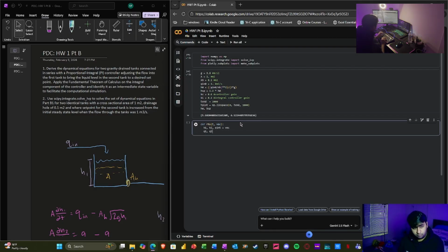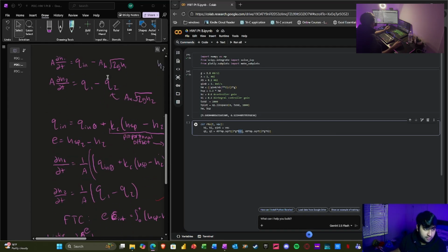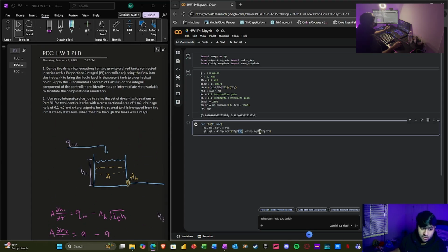And we have our Q1, Q2, which is our outlet flows, and we're just going to define that as 2 times g times H1, and then Colab helped us a little bit there just to fill it out. And this is just what we found before, so it's this right here, except in code.